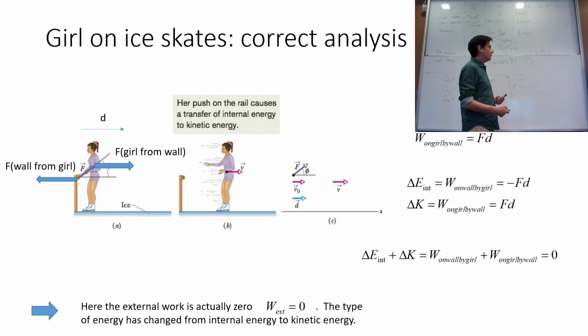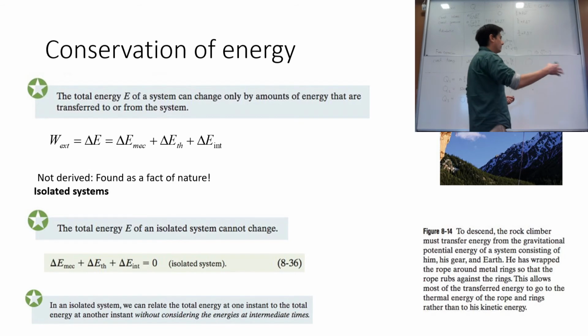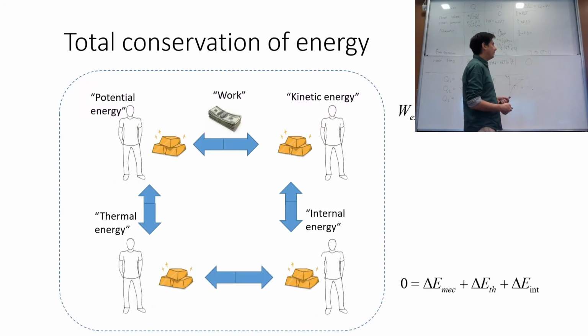So we started off with just mechanical energy, which was potential and kinetic, and now we can also think about thermal or even internal energy. So this is just increasing the number of bank accounts, if you like.